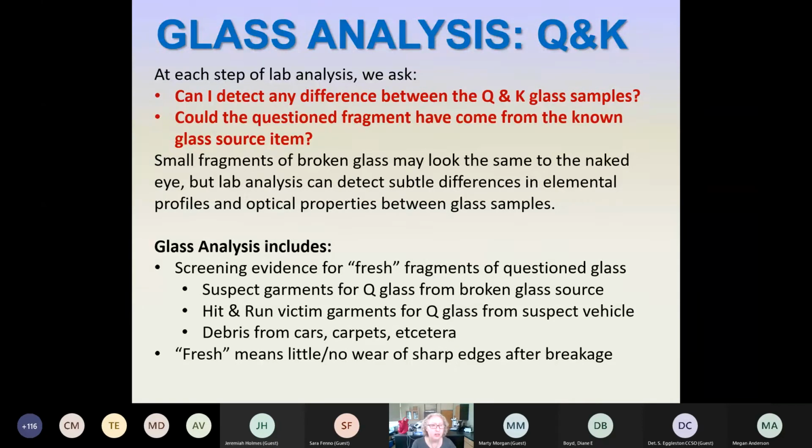If it falls in there and it's not exposed to the elements and nothing is rubbing against it and it just stays there for years, when we look at it years later, it may still look fresh. So we can't talk about the elapse of time, but we can say that the particle has not been worn since it was broken. And in most situations, we're screening debris or garments and looking for this fresh glass shortly after the event in question, because it's part of an ongoing investigation.